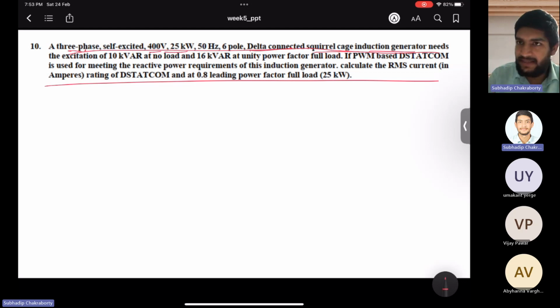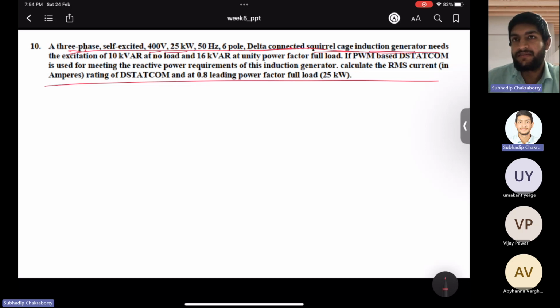Then the next line is telling you that the induction generator, since it is a singly excited machine, unlike the synchronous generators which are doubly excited machines, needs some reactive power for the voltage buildup, because the generator needs to build up some voltage in order to supply the loads.